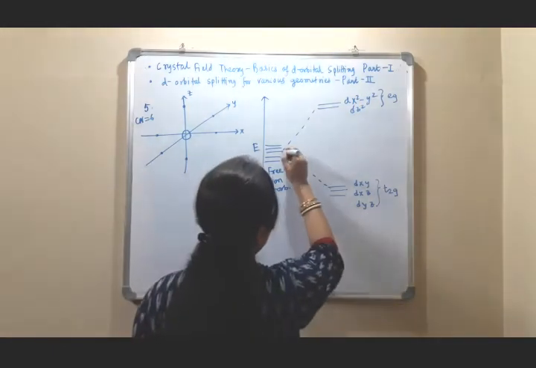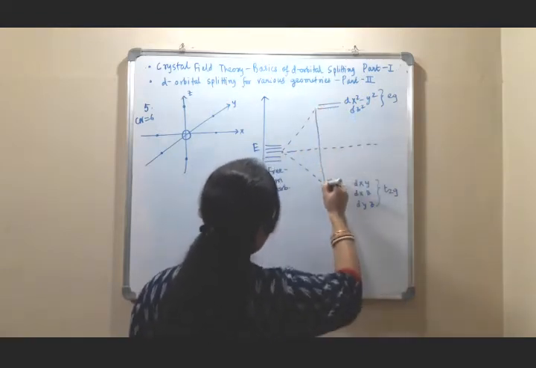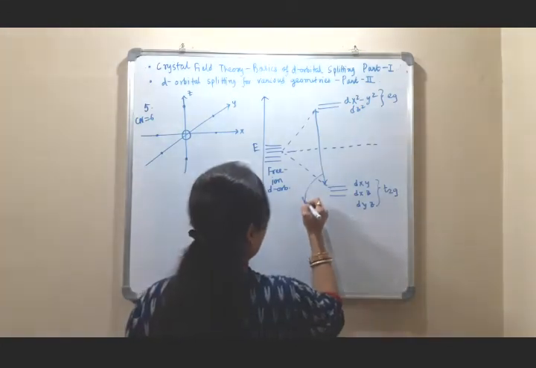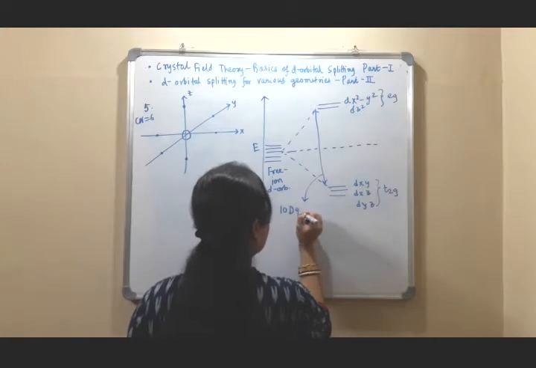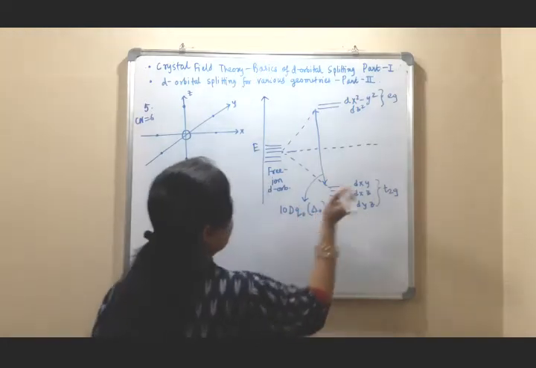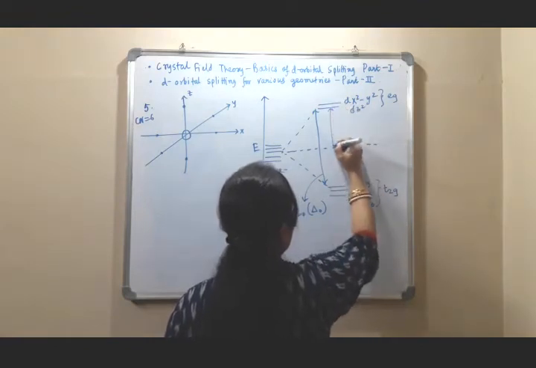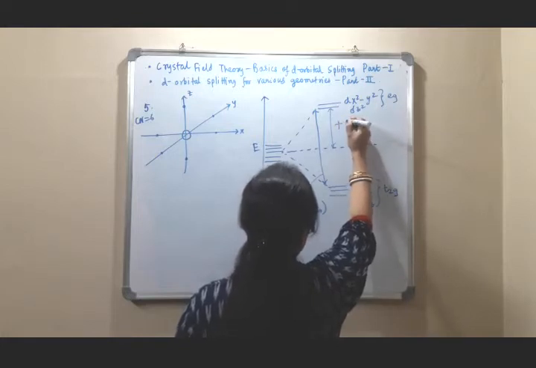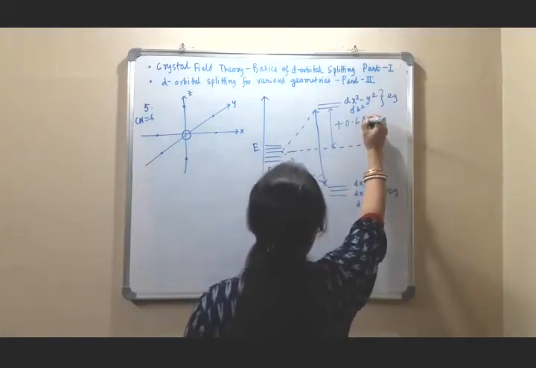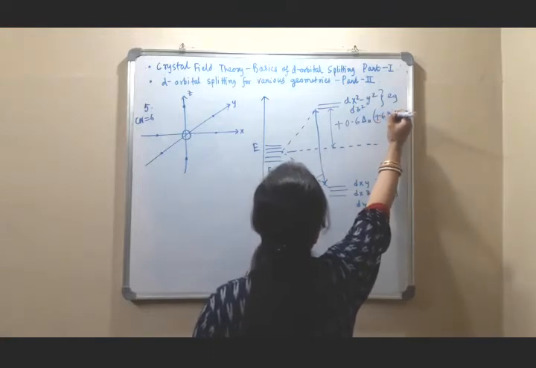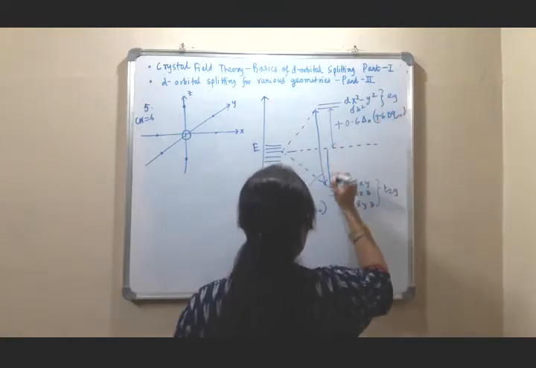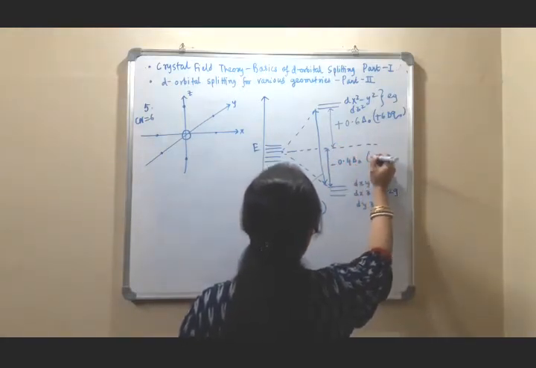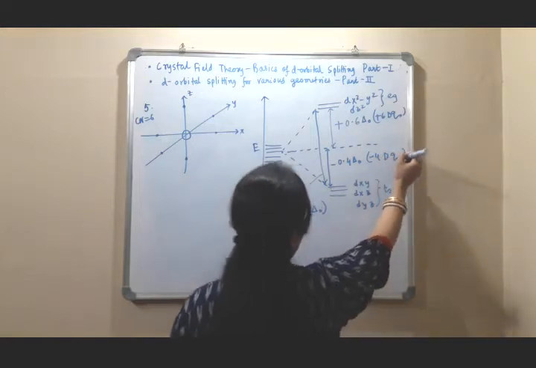Now here also, like before in tetrahedral field, the energy difference between the t2g and eg set of orbitals is represented by 10 Dq or delta O. And the extent of energization will be plus 0.6 delta O or plus 6 Dq, and the extent of stabilization will be minus 0.4 delta O or minus 4 Dq.